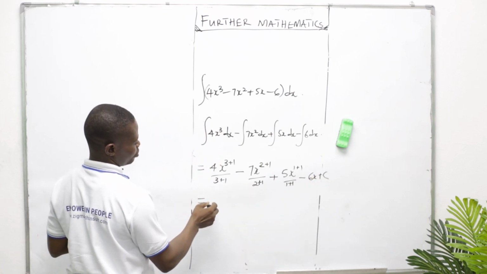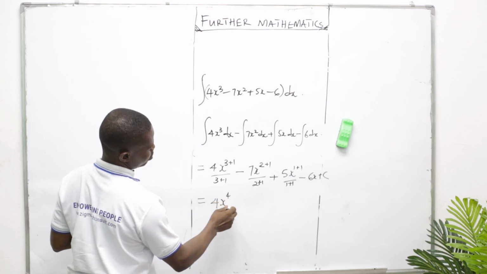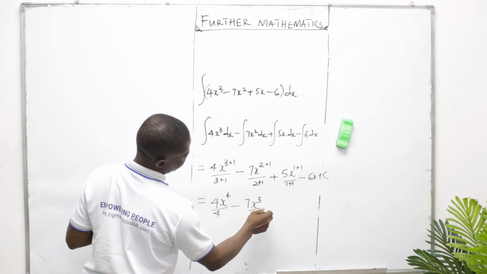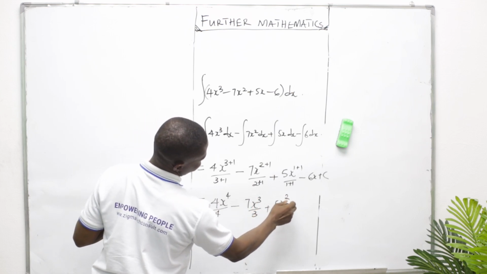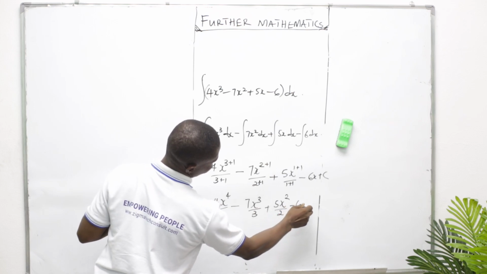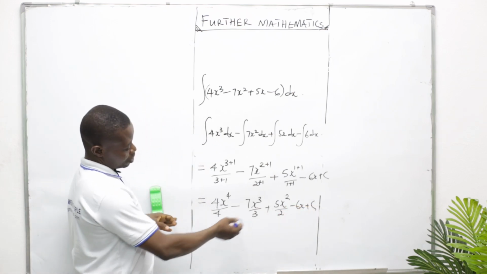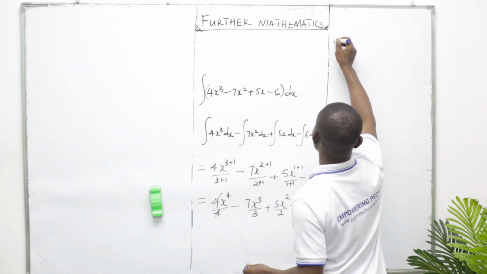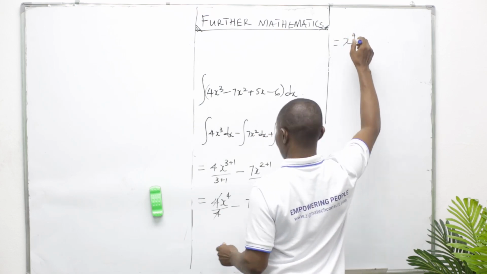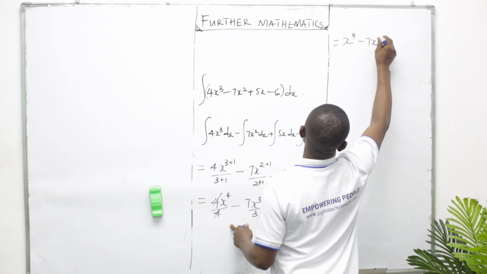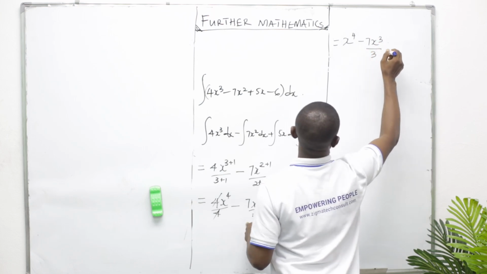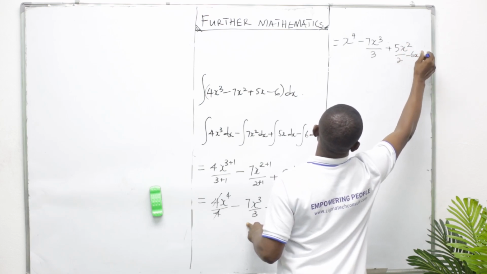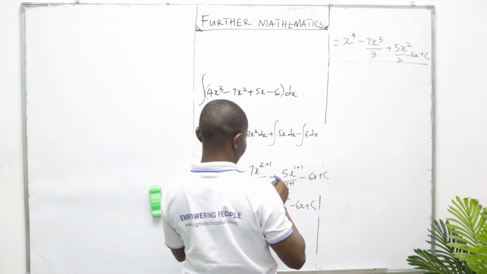So this will give us 4s power 4 all over 4 minus 7s cubed all over 3 plus 5s squared all over 2 minus 6s plus c. Okay, to finalize this by simplifying it, 4 will cancel 4. We're going to have s power 4 minus 7s cubed all over 3 plus 5s squared all over 2 minus 6s plus c. So that is the final answer.